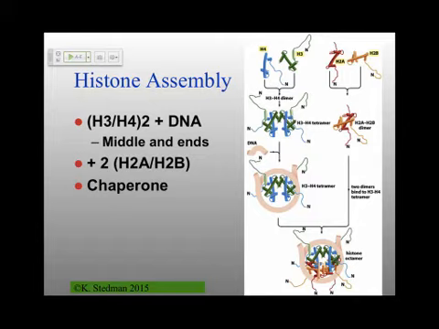And so I like this. Again, it's unfortunately not a figure from your textbook, but I like this assembly process because it gives you a better idea what's in fact going on, and again, I think gives you a better idea what the components are of the histone complex. So there are 4 different what's called core histones: H4, H3, H2A, and H2B.